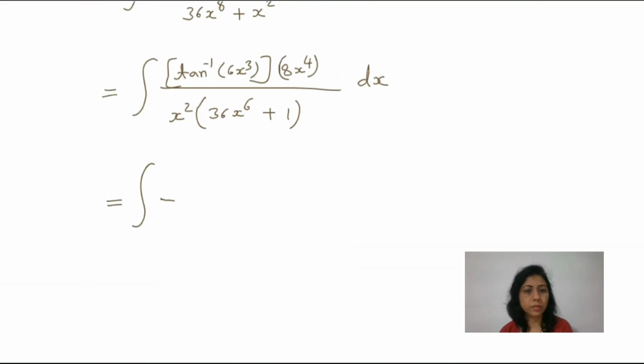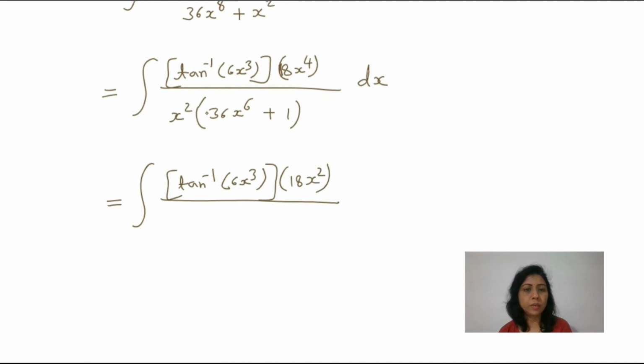Integration of tan inverse 6x cube, this one, and this x square and x to the power 4 cancel, so we get x square. Here 18 remains in the numerator.